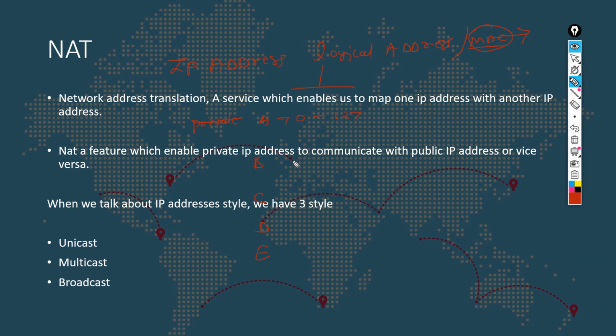After that, 128 to 191. After that, 192 to 223. Then 224 to 239, and 240 to 255. Is it visible properly, or do I need to change this? No issue, sir, it is visible.